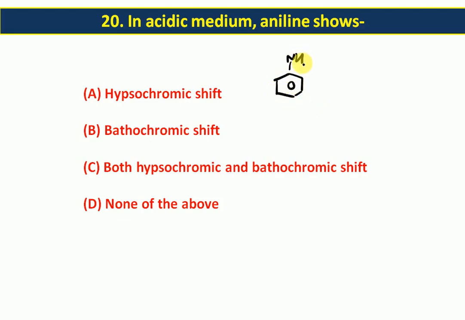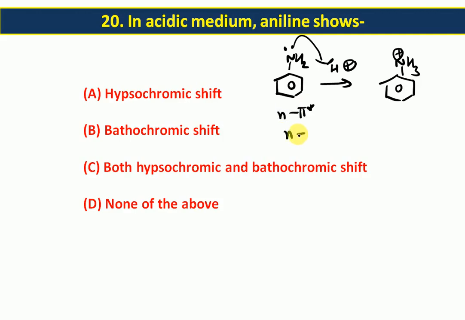Aniline, when treated with acid, the lone pair of nitrogen gets protonated, and due to protonation of lone pair, anilinium ion is formed. As I discussed in one of the questions, aniline has n to pi star and also pi to pi star transition, and this anilinium ion, due to absence of lone pair, will show only one transition, pi to pi star.